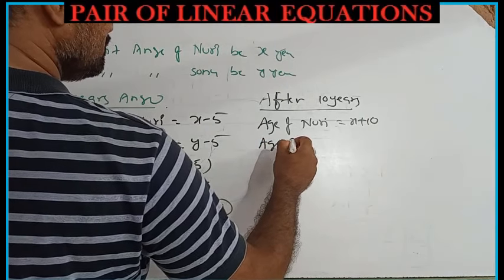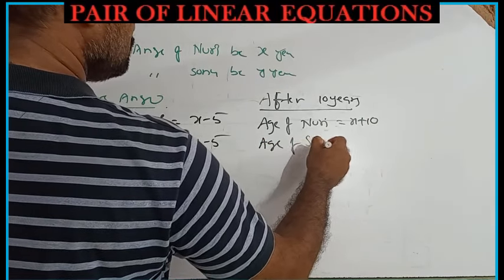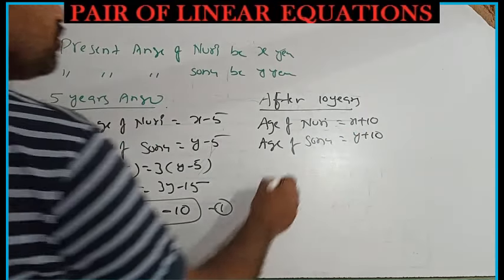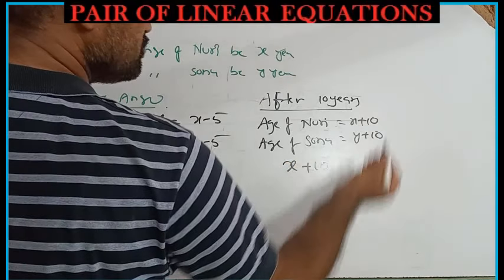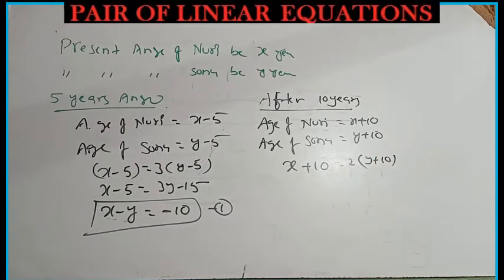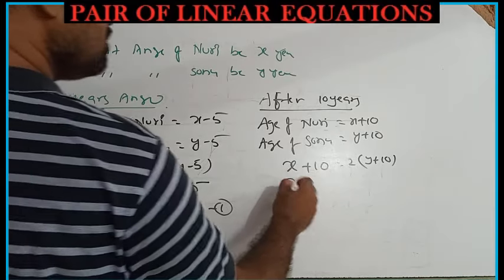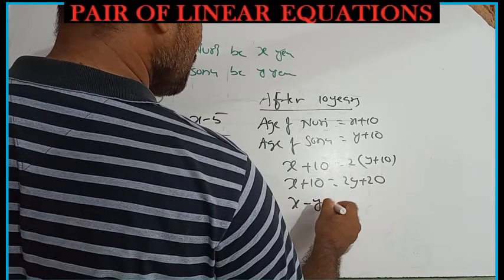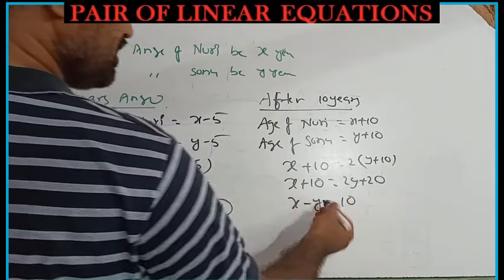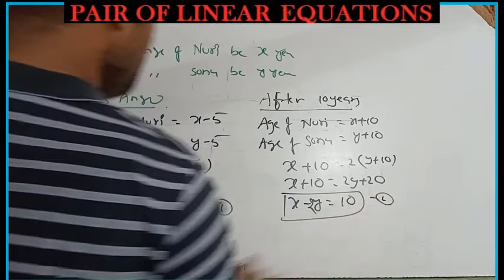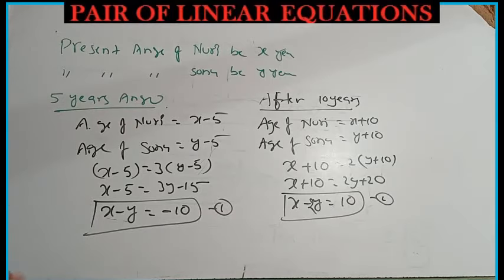Age of Sonu equals y plus 10. According to the problem, Nuri's age is 2 times the age of Sonu. What is given? After 10 years, Nuri's age will be twice the age of Sonu. x plus 10 is equal to 2y plus 20, or x minus 2y equals 10. This is another equation.